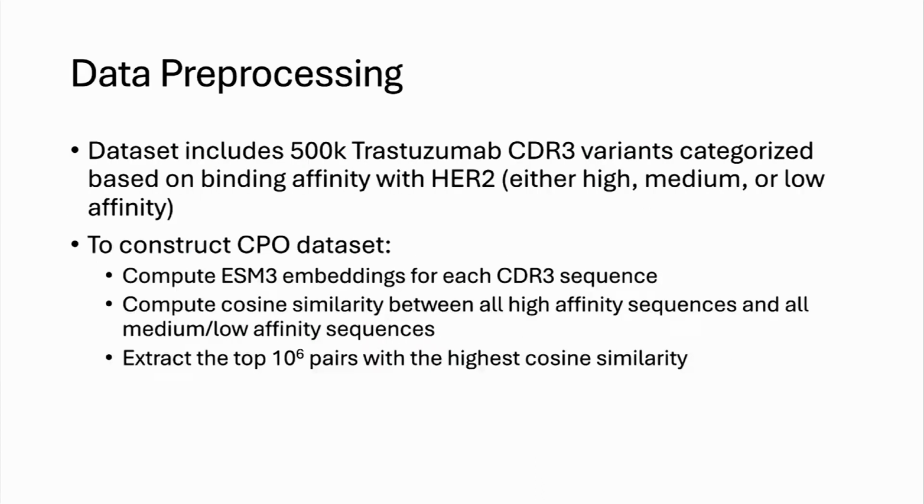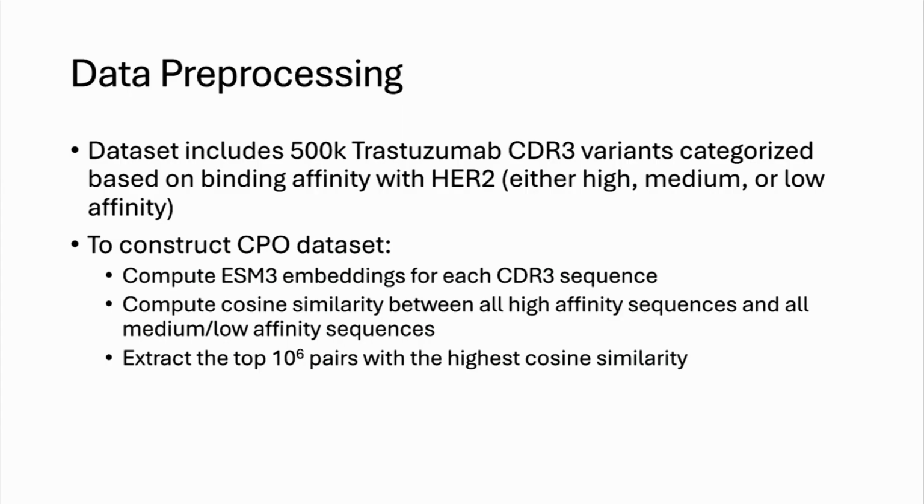As for the data that we used, we had a data set that included 500,000 trastuzumab CDR3 variants, categorized based on their binding affinity with HER2, either high, medium, or low. To construct the CPO data set, we need pairs of data points, so we need a high binding affinity sequence and a low binding affinity sequence.